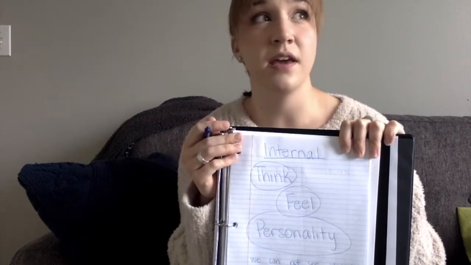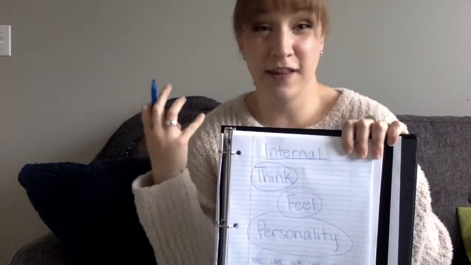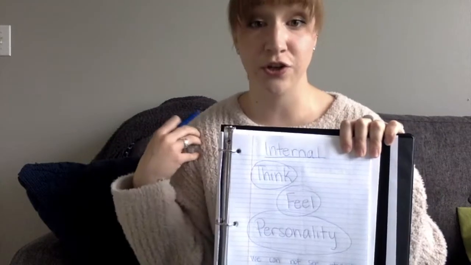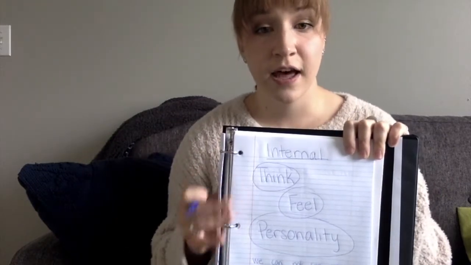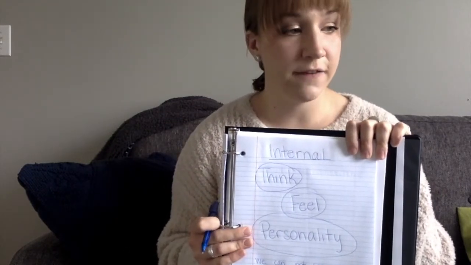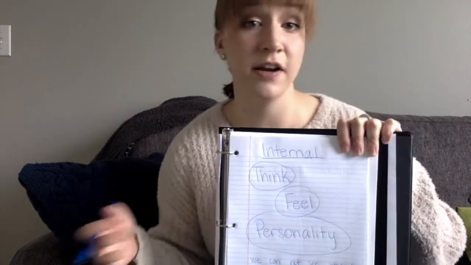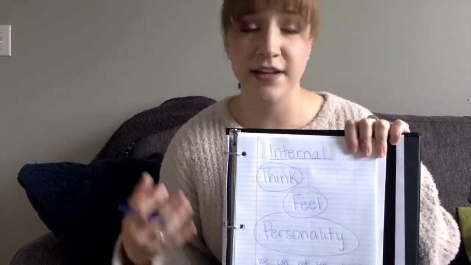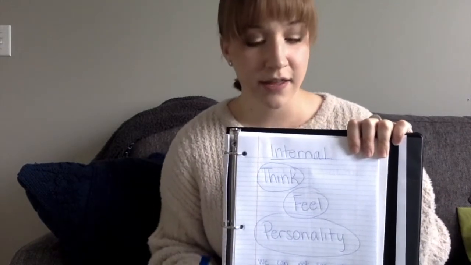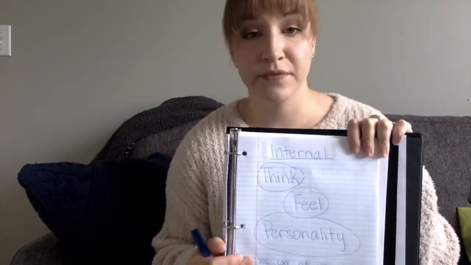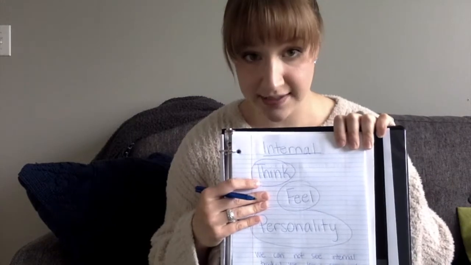It could be brave. They could be feeling brave. That's a feeling. That's an internal trait. Their personality. So if they are smart, if they're funny, if they're kind, they're caring, they're sweet, thoughtful, these are all internal traits.